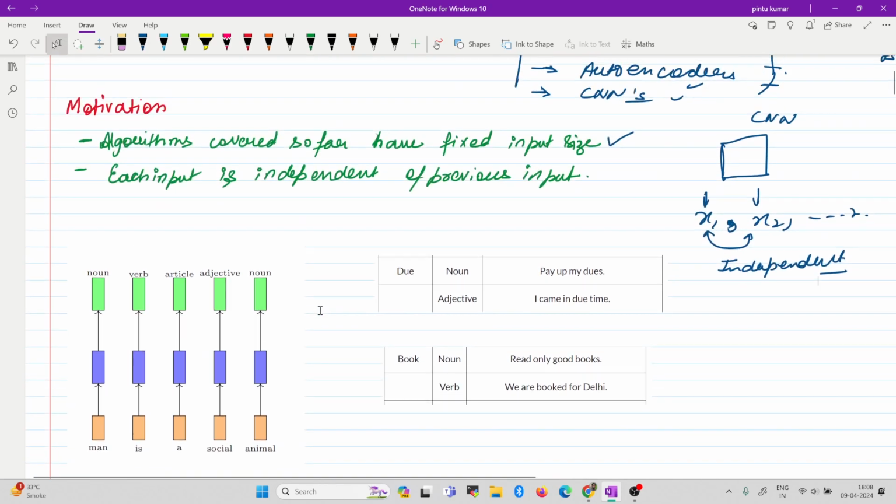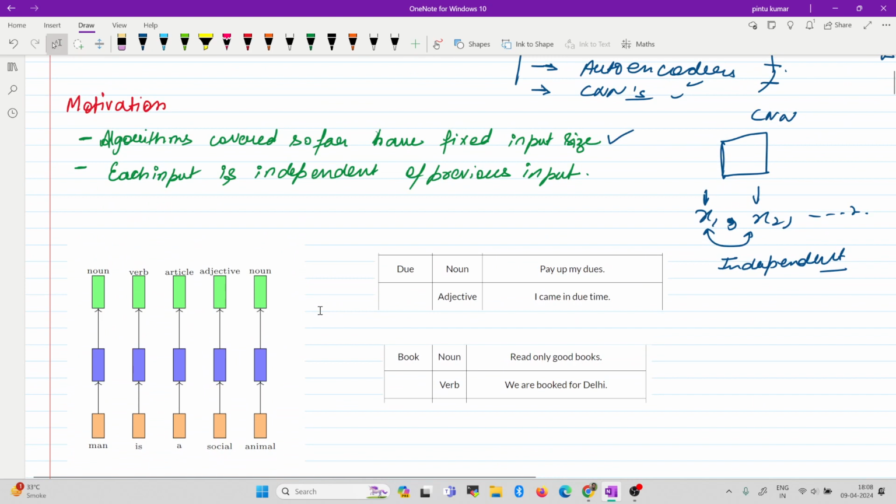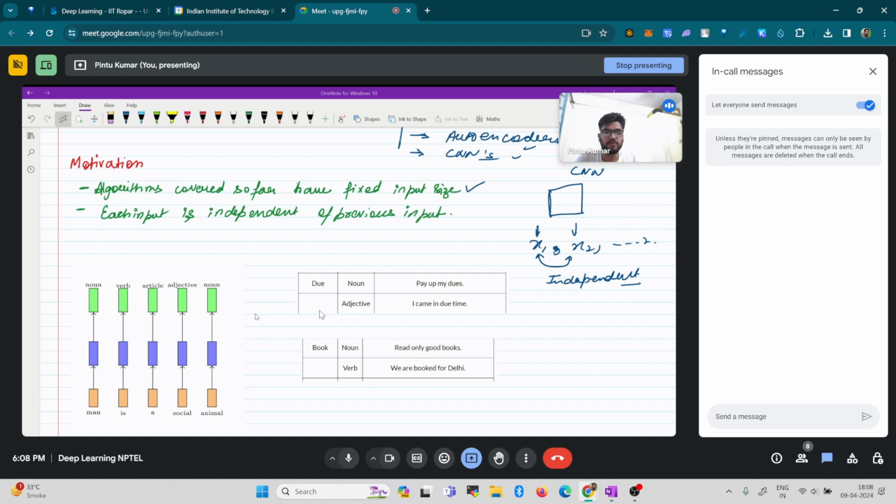Let's say you want to process a sentence through a neural network. Given some movie review, you want to predict whether the sentiment of that review is positive or negative. Or let's say you have some Twitter posts, and you want to predict in real time whether a post is hateful or not.